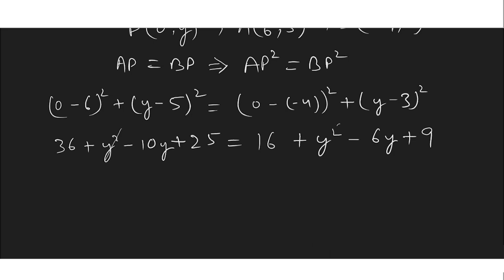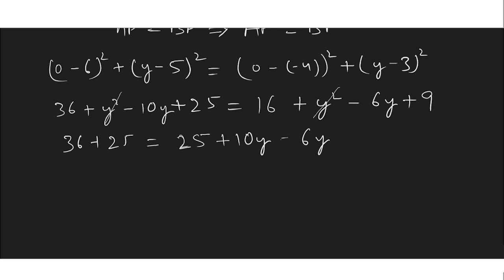This y square and this y square will get cancelled. It is 36 plus 25. We will take this 10y to the right hand side. 16 plus 10 will be 25 plus 10y minus 6y. This 25 will get cancelled with this 25.